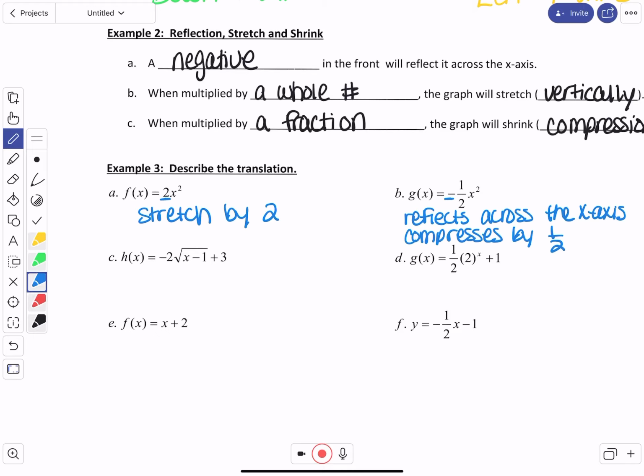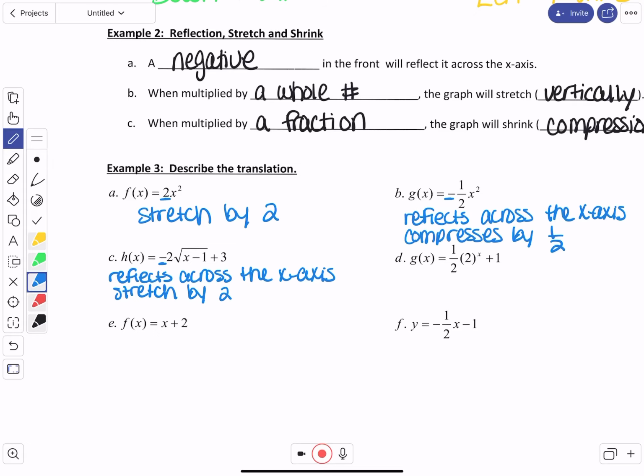All right, this one, C, has a lot going on. We got the negative, so it reflects across the x-axis. We stretch by 2. Okay, we have a -1 on the inside.